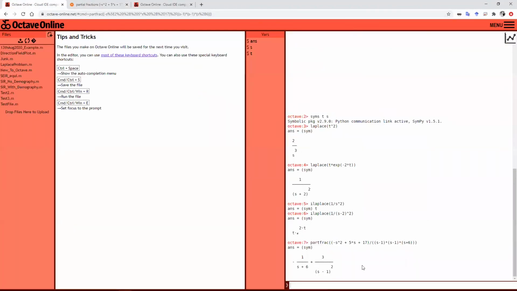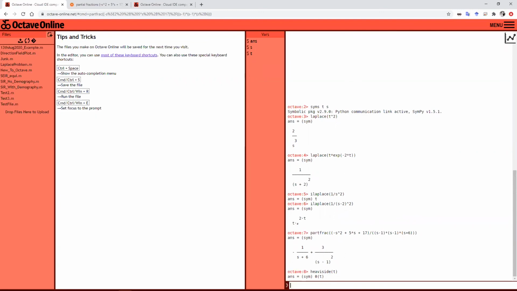Okay. So finally, I'll just show you too that Octave, and MATLAB as well, can actually account for these unit step functions, or if you recall, sometimes we call them the Heaviside function. Okay, so we do have the Heaviside function built into Octave. It's actually represented in Octave by this capital theta of t. So let's have a look if we take the Laplace transform of t minus 1 times the Heaviside of t minus 1.